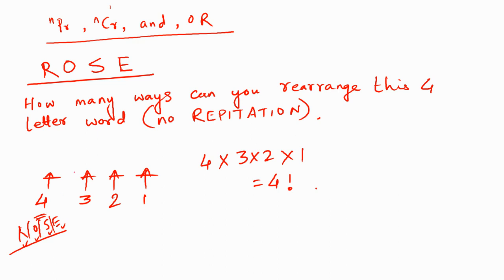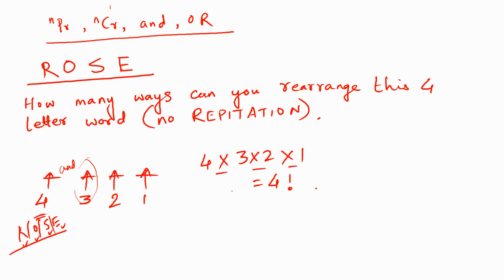The second spot can be filled in three ways. Then we multiplied 4, 3, 2, putting a multiply in between. We already discussed all this in detail in permutation and combination 1. In case you have some doubt, please see that video before you watch this one.